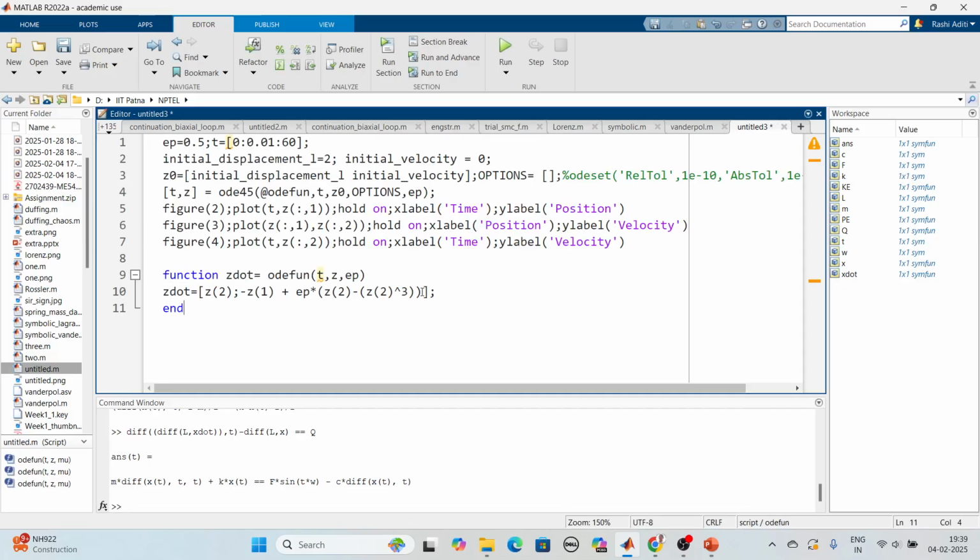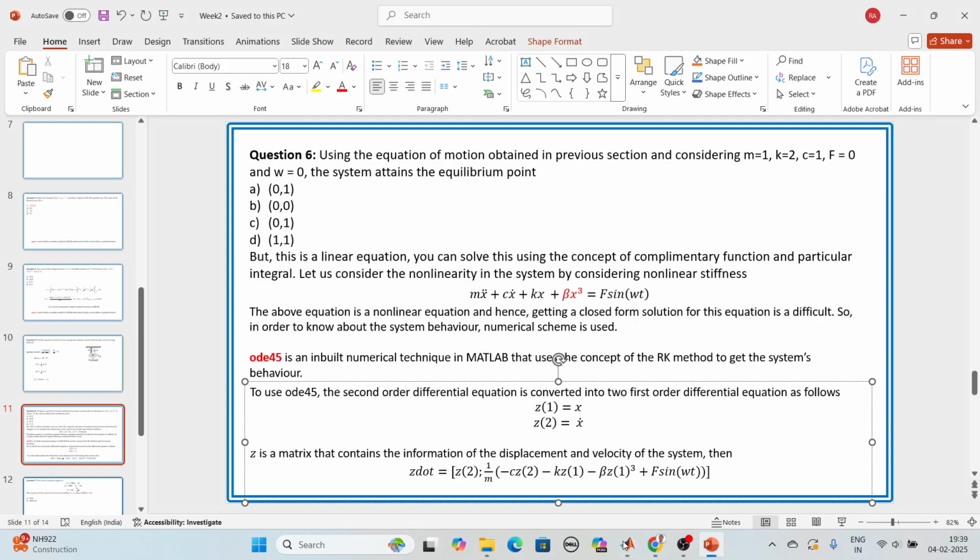First I'll change the equation. Okay, z2. I had z2 over here, and here I have 1 by m times minus c z2 minus k z1 minus beta z1 cube plus f sine omega t. So we'll write it.